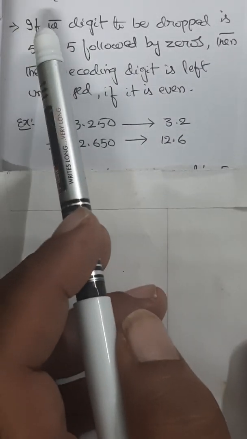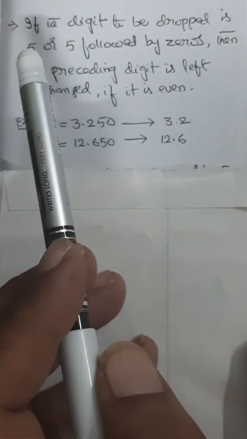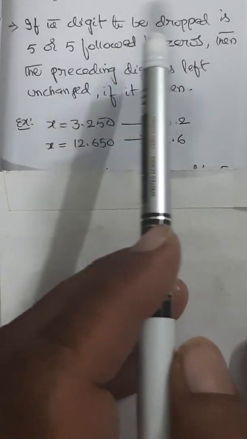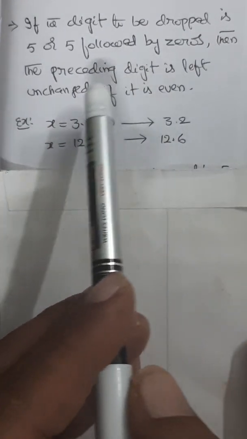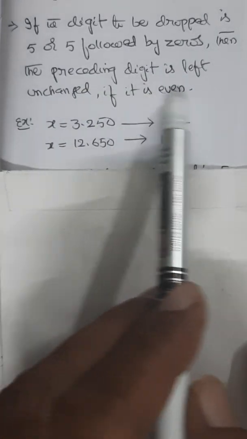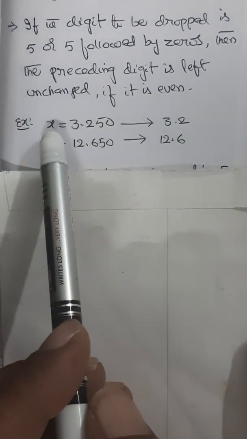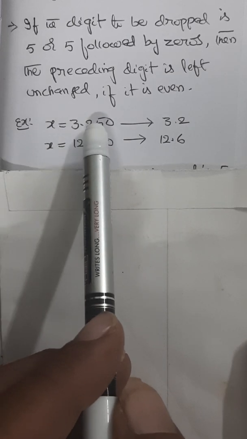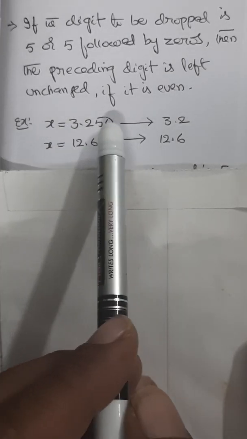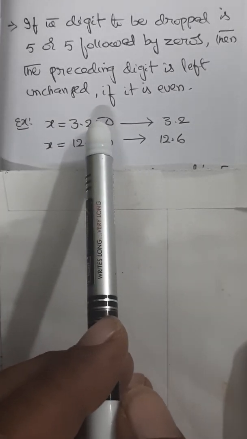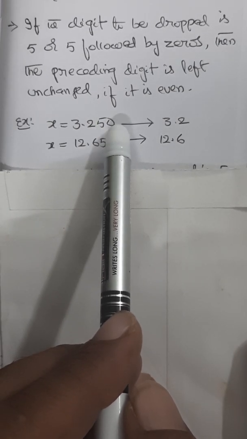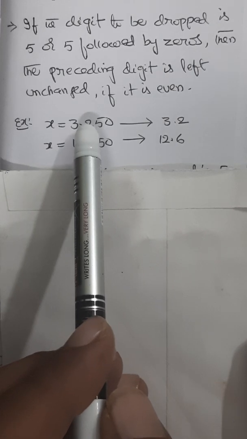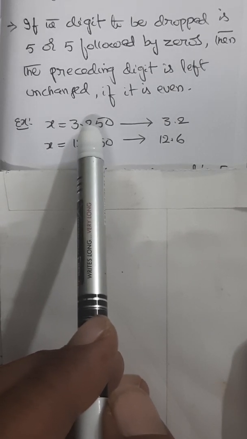That is, if the digit to be dropped is either 5 or 5 followed by zeros, then the preceding digit is to be left unchanged if it is found to be even. Say for example, x equal to 3.250 is the observed value. You want to round off. So 5 or 5 followed by 0. Now the preceding digit is left unchanged.